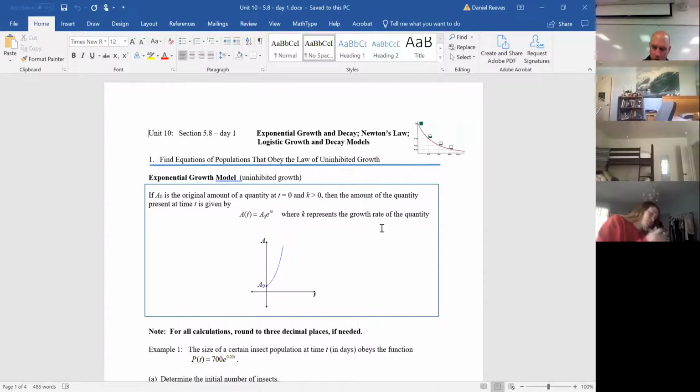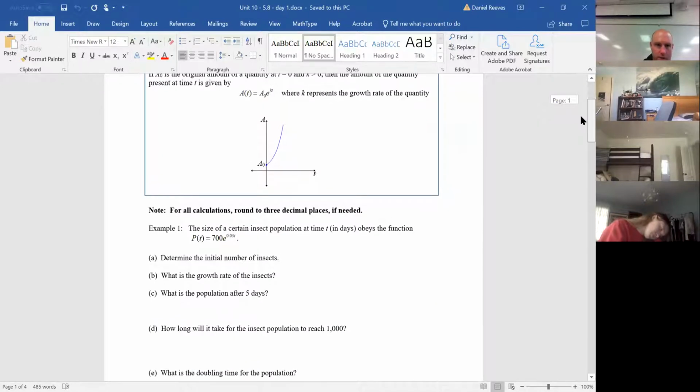Okay, so let's look down at that first example where it says P of t equals 700 e to the 0.03 t. So the initial number of insects, well, that is where A naught goes. What number is where A naught goes, or where P goes?